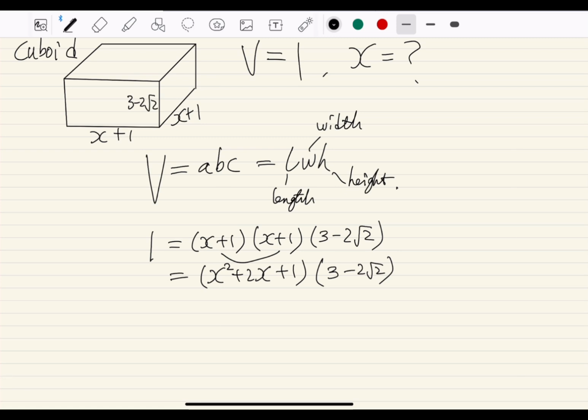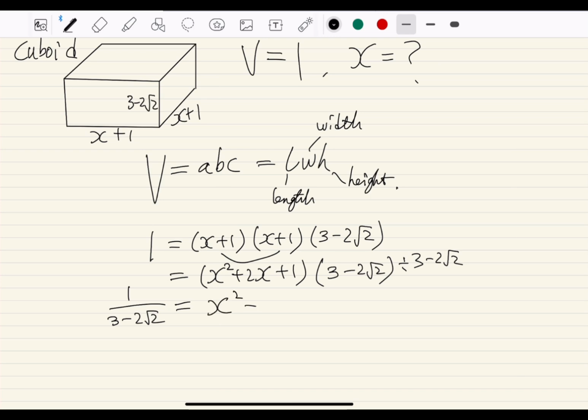We can divide both sides of the equation by 3 minus 2 root 2, which gives 1 over 3 minus 2 root 2 on one side, and on this side just x squared plus 2x plus 1.